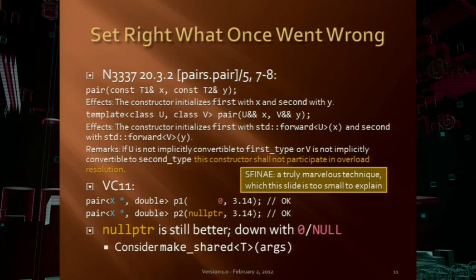And this is useful because now in VC11 and in C++11, if you try to construct a pair of pointers from the literal 0 or the macro NULL, this will compile now because the perfect forwarding constructor will instantiate itself with template argument deduction. It'll find U to be int and will notice, hey, int is not convertible to X*. The body of this constructor could not compile at all.